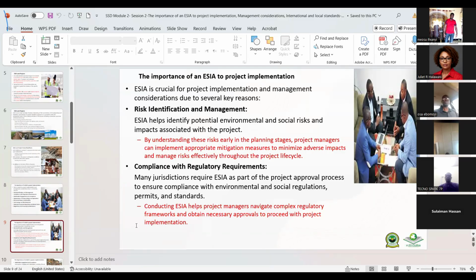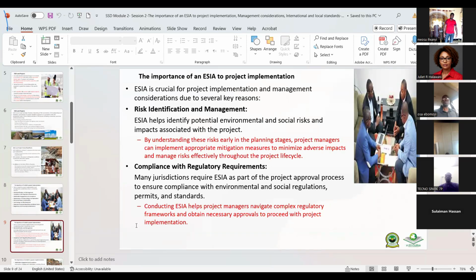Conducting ESIA helps the project manager to navigate complex regulatory frameworks and obtain necessary approvals. Those approvals are very, very important for your project to proceed. Because if you don't get those necessary approvals, when the regulatory agencies come, it becomes a problem. That is why even in starting your project, you will need to invite regulatory agencies. In most projects, especially if you're carrying out ESIA, the regulatory agencies are usually there with you.